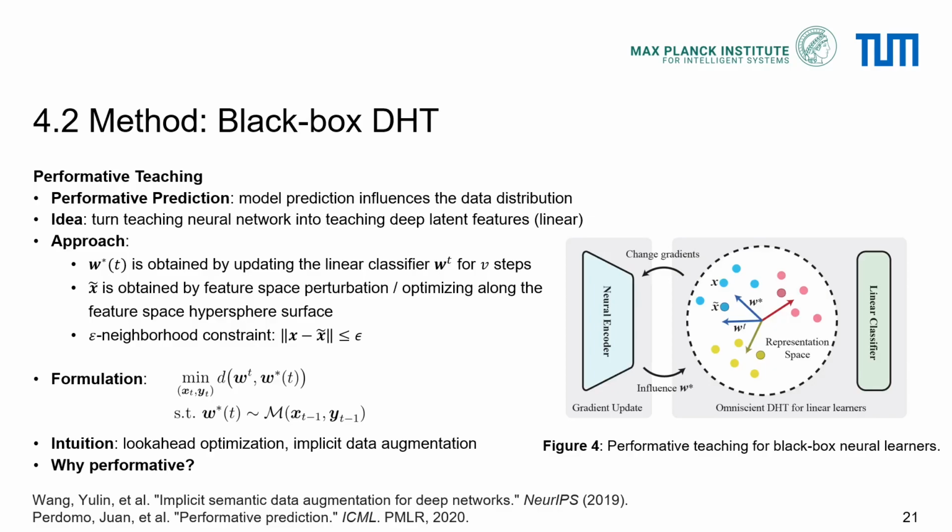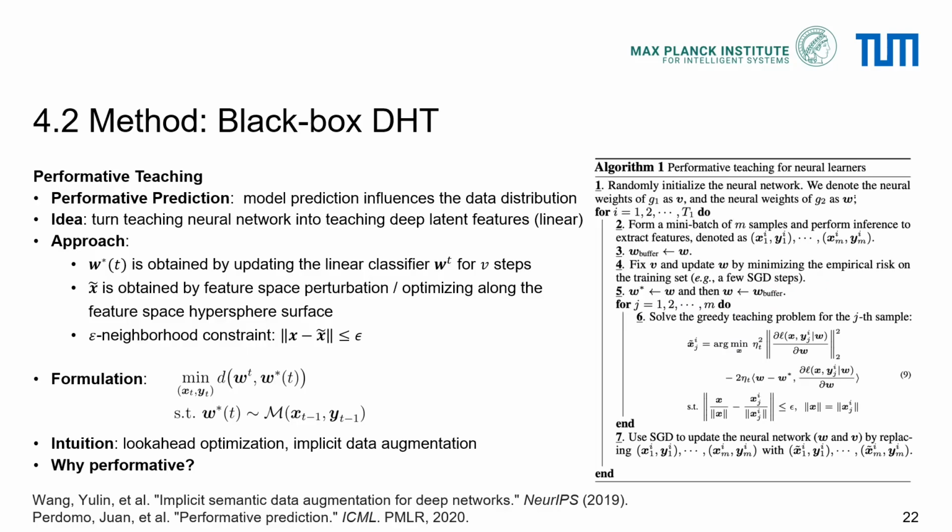So what we are doing is we are trying to perturb the feature in a certain direction, such that this perturbation will result in a gradient that will update the whole neural network. And we can basically guide the direction of this perturbation. And we guide it in such a way that it is still epsilon away from the original feature.